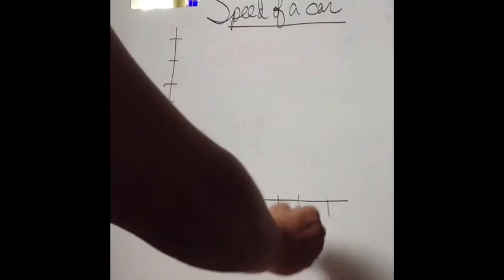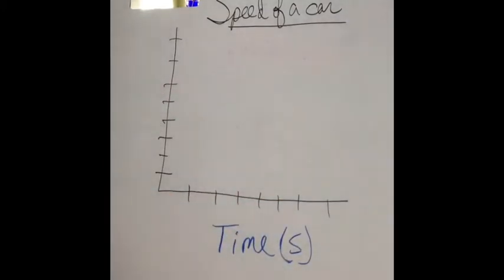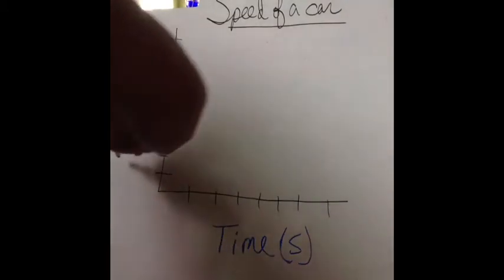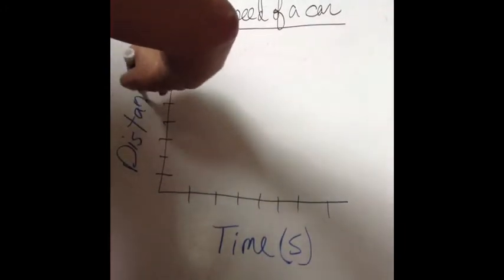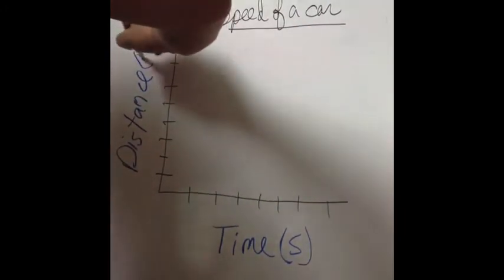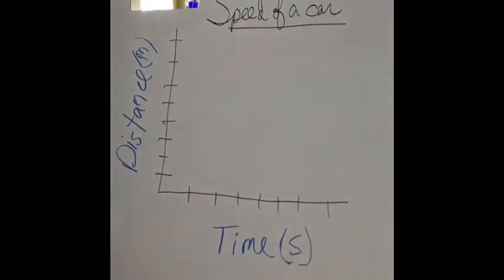Let's just put seconds here for now. And we're going to put on the y-axis distance. Put an M there for meters. That would be our units.